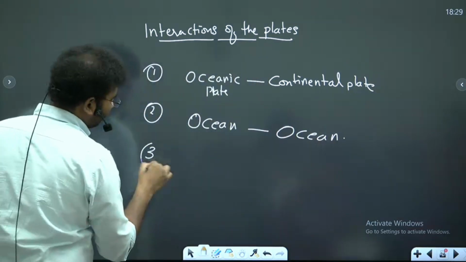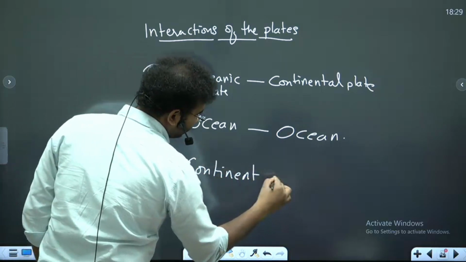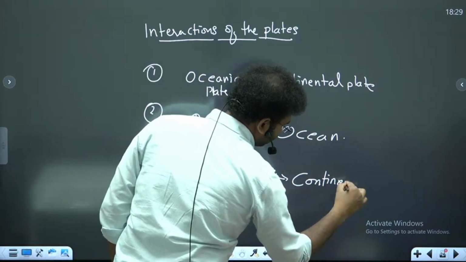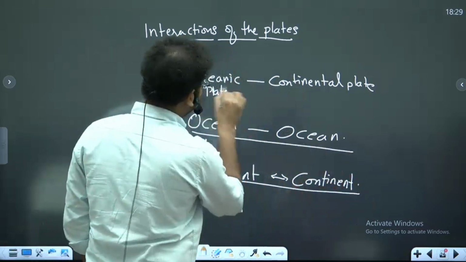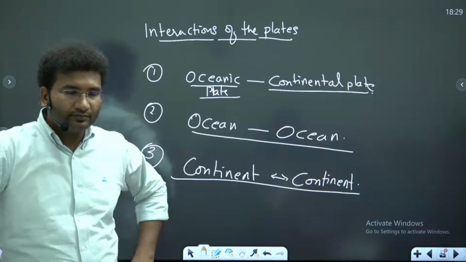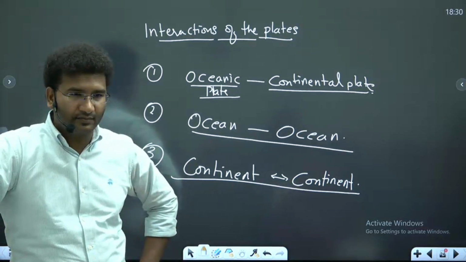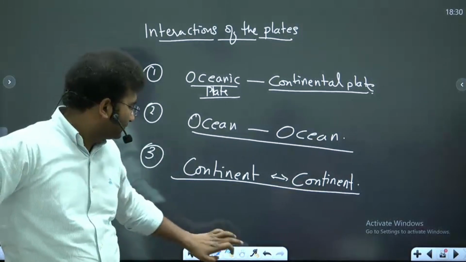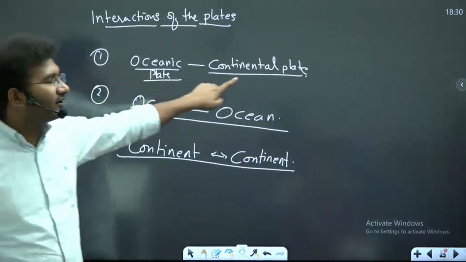And 3, it can be continent with continent. Right? We have already discussed one, that is oceanic plate with continental plate.